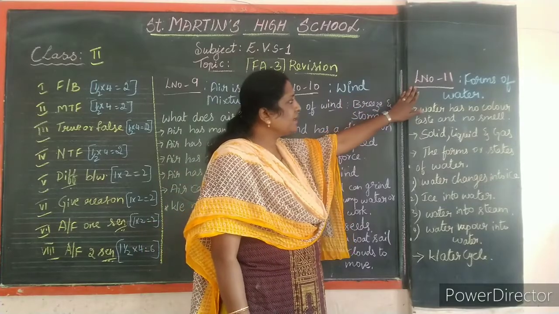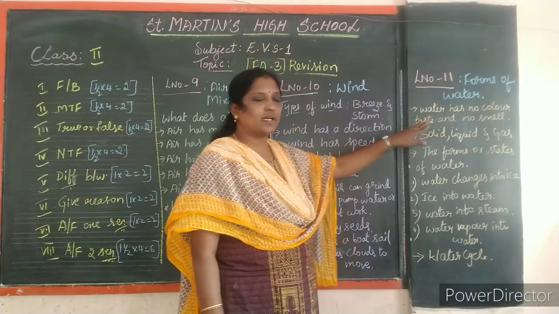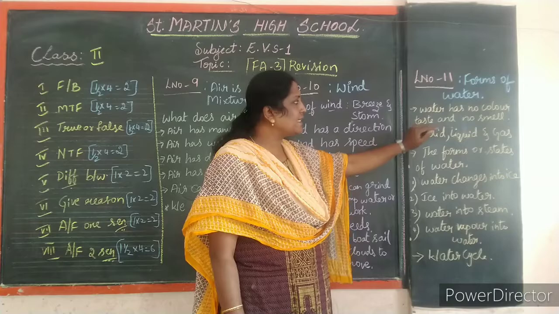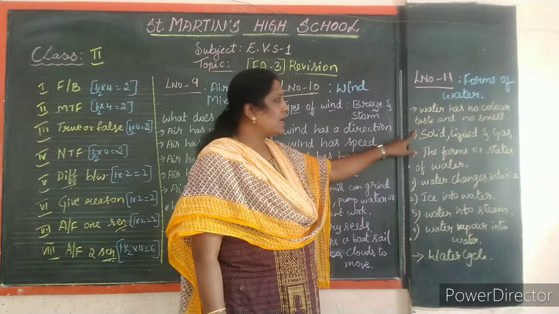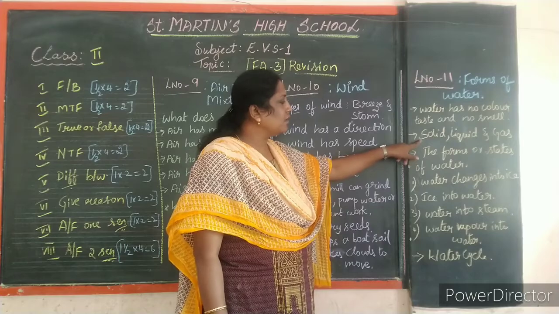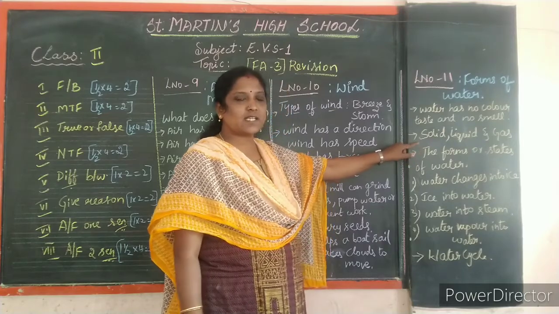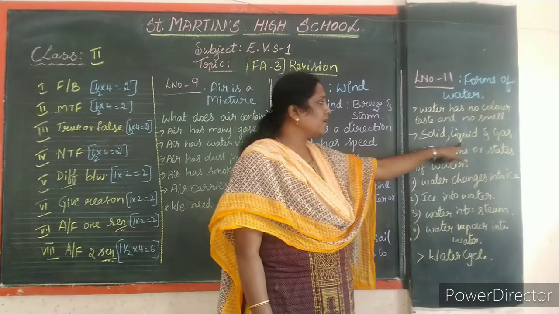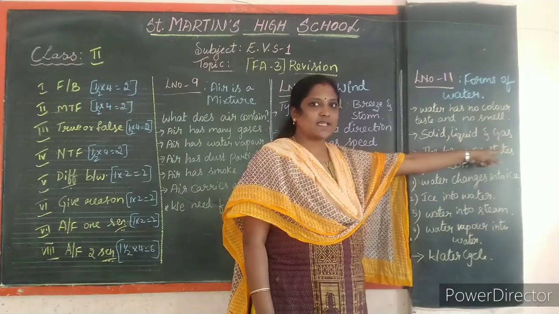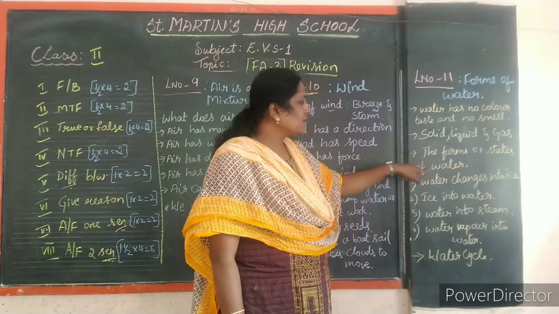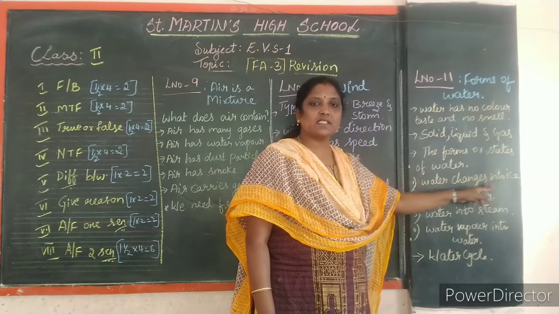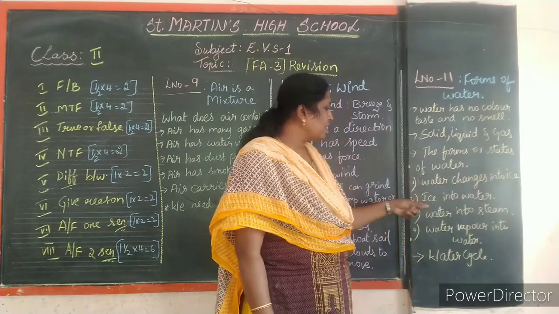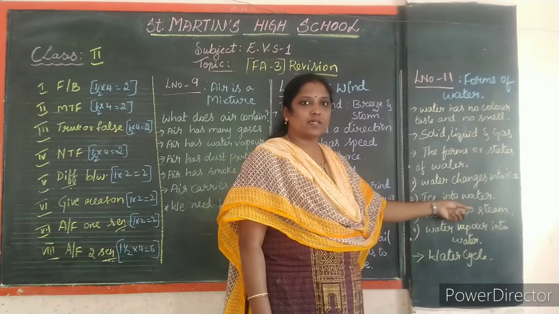So in lesson number 11, forms of water, we learnt that water has no color, no taste and no smell. And it exists in three states, that is solid, liquid and gas. Water changes into ice by freezing, and ice into water.